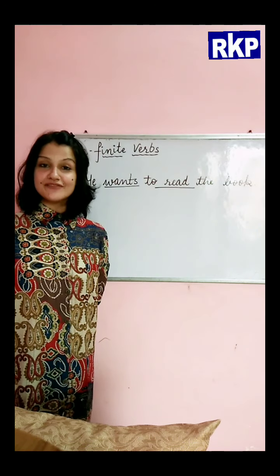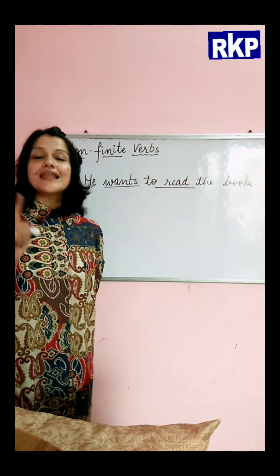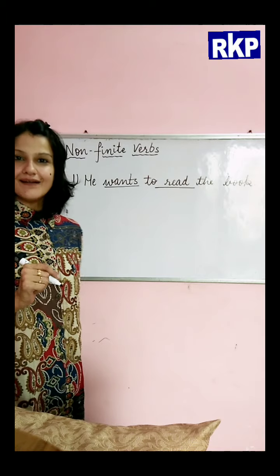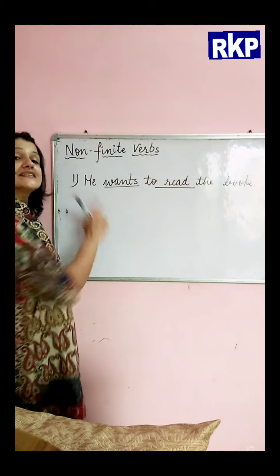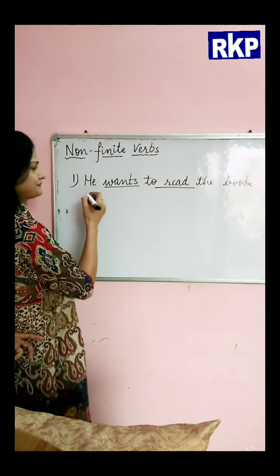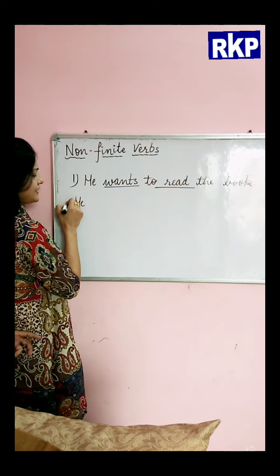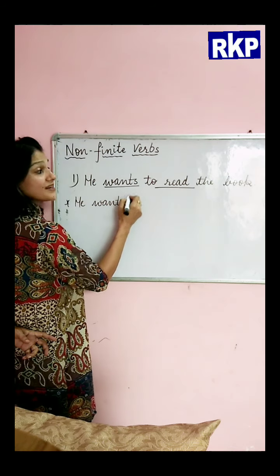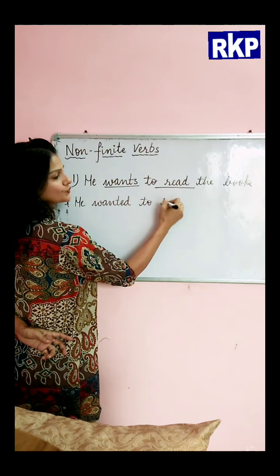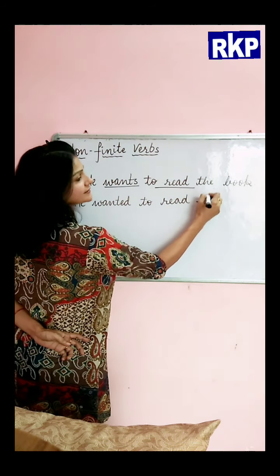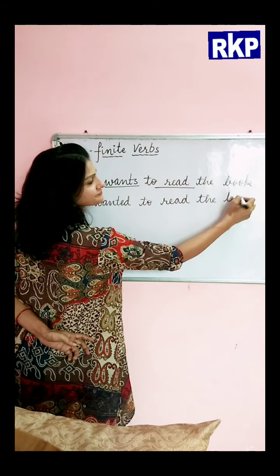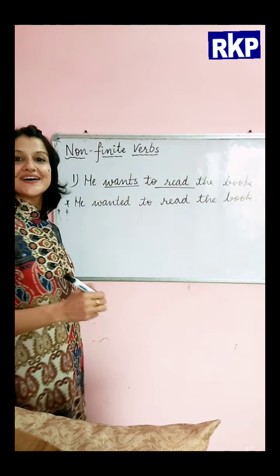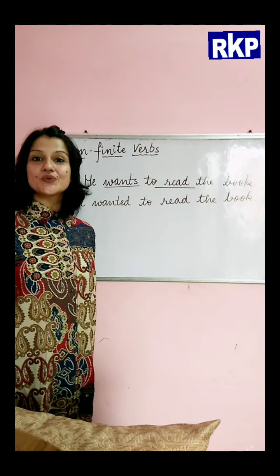Which is finite and which is not finite. So, let's change the tense here. Okay? Let's make it past. He wanted to read the book. Alright, he wanted to read the book.